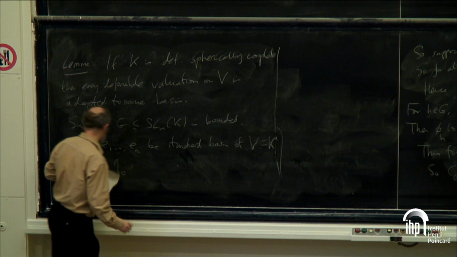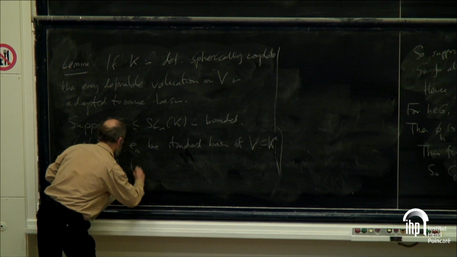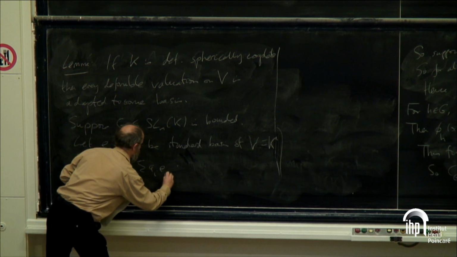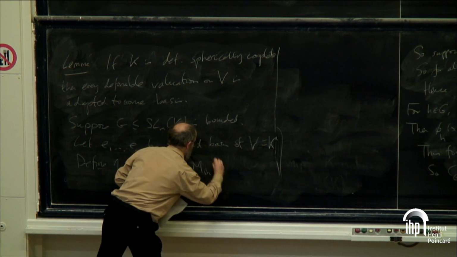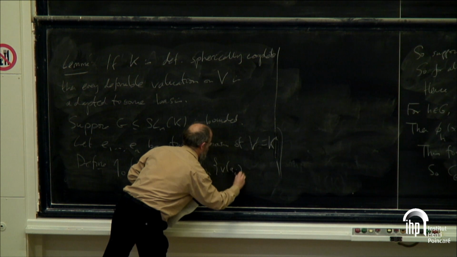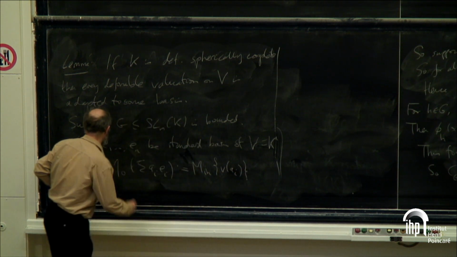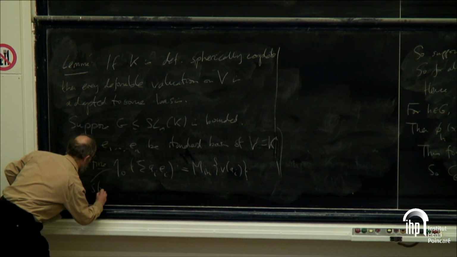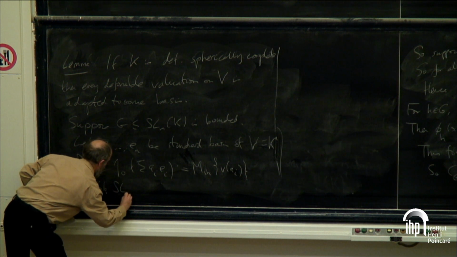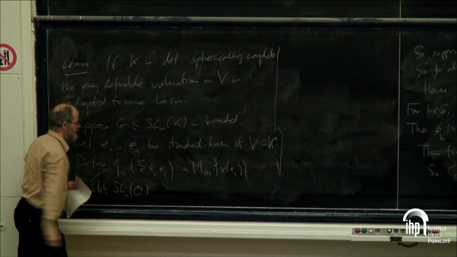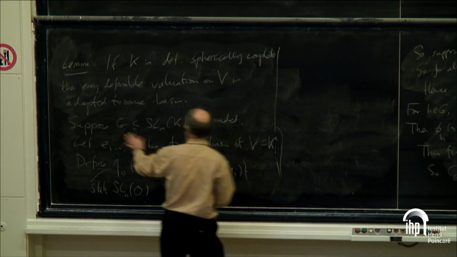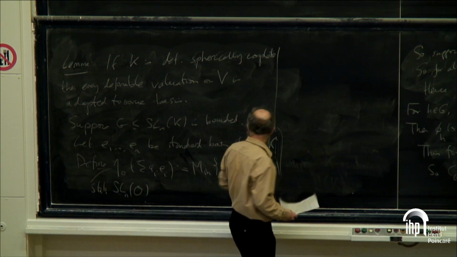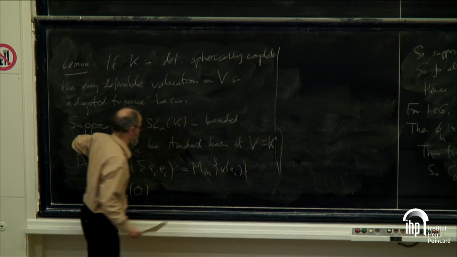Define eta naught by eta naught of sigma a_i e_i to be the min of the values of a_i. So this will have stabilizer SL_n(O). And then we have our group G, which is bounded, and we want to take the orbit of G and take an average of the orbit.